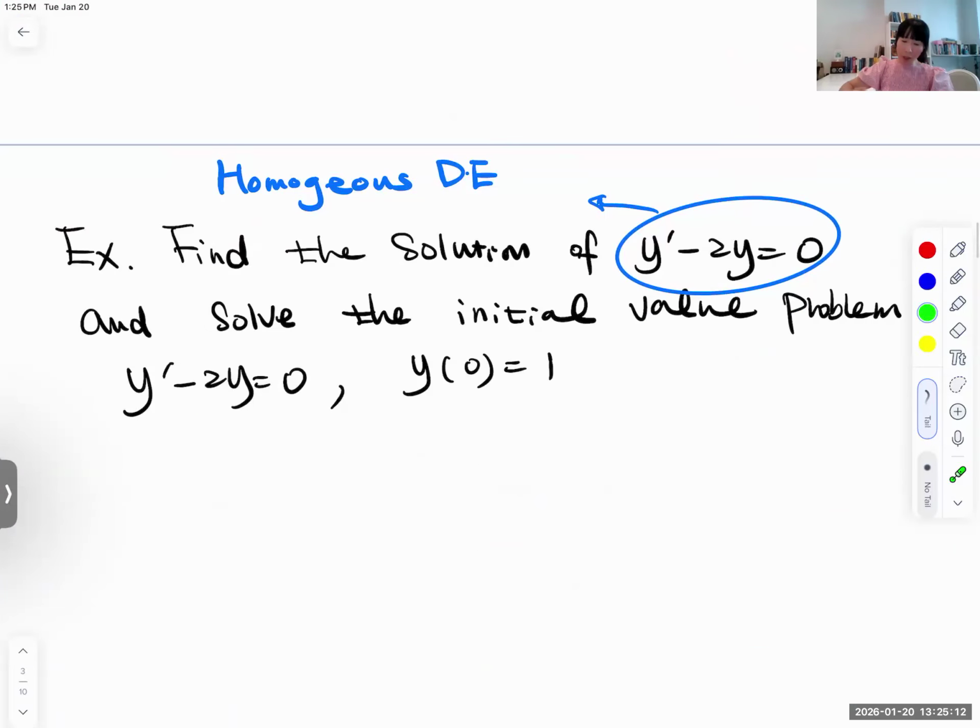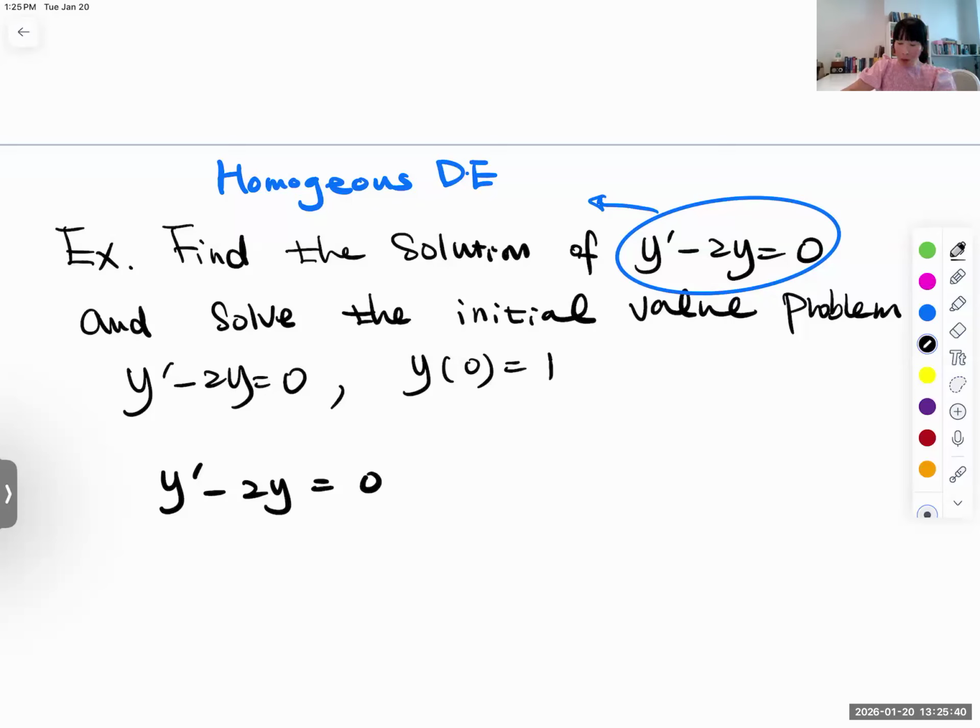All right, so we have y prime minus 2y equal to 0. We want to make all the y variable on the left side. It's already on one side, right?